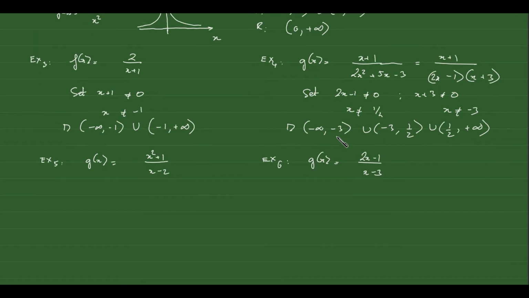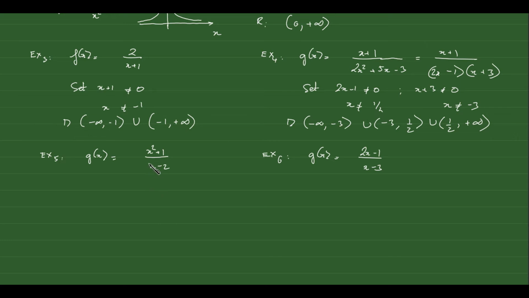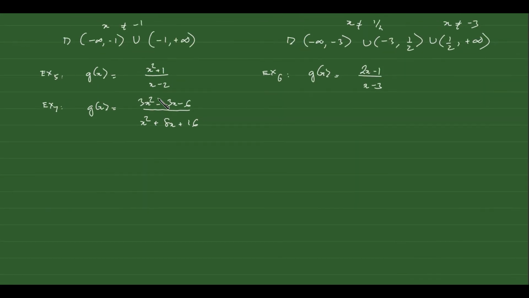And in order to find the domain here, you're going to do the same as in example number 3. Now in example number 7, for example, I have g of x equal to 3x squared minus 3x minus 6 over x squared plus 5x plus 16. So I have a rational function. You see the top and the bottom degree is the same.